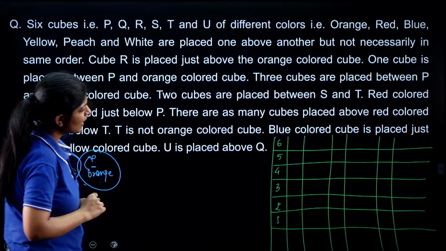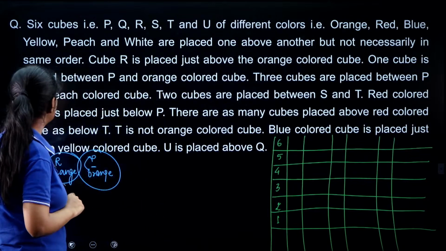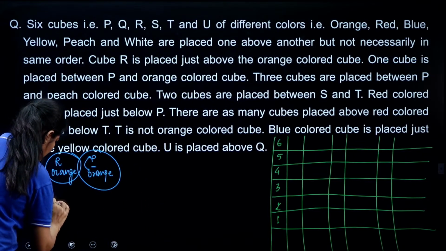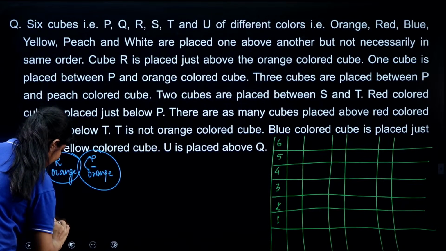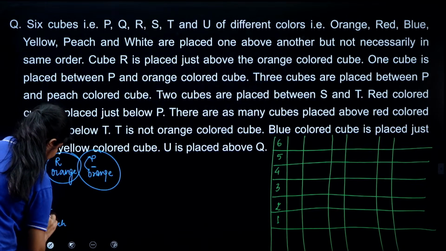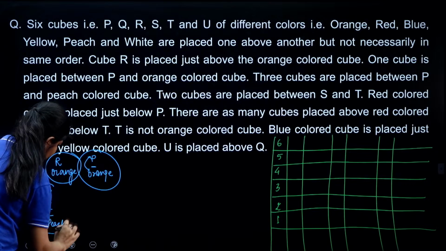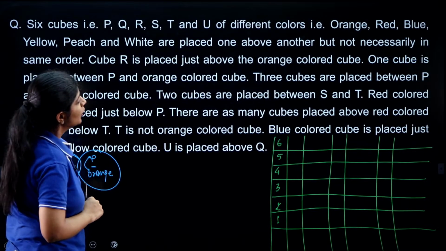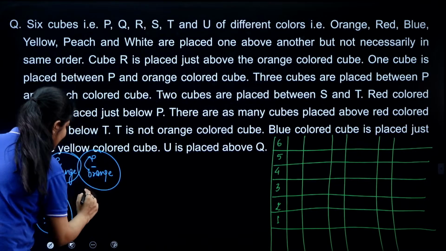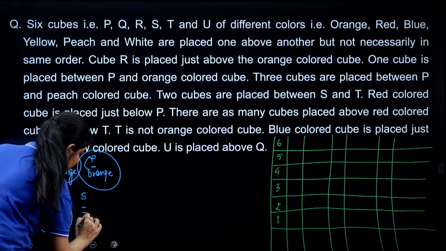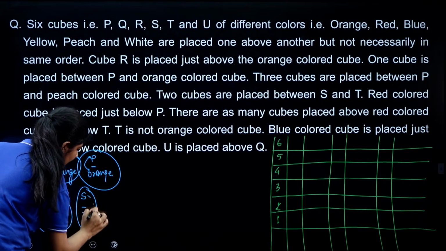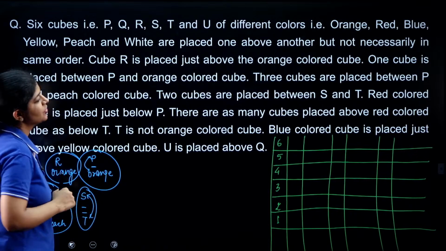Next, 3 cubes are placed between P and peach, 1, 2, 3, and here we have peach. Again the position can be changed. Next, 2 cubes placed between S and T, 1, 2, T, again the positions can be changed.